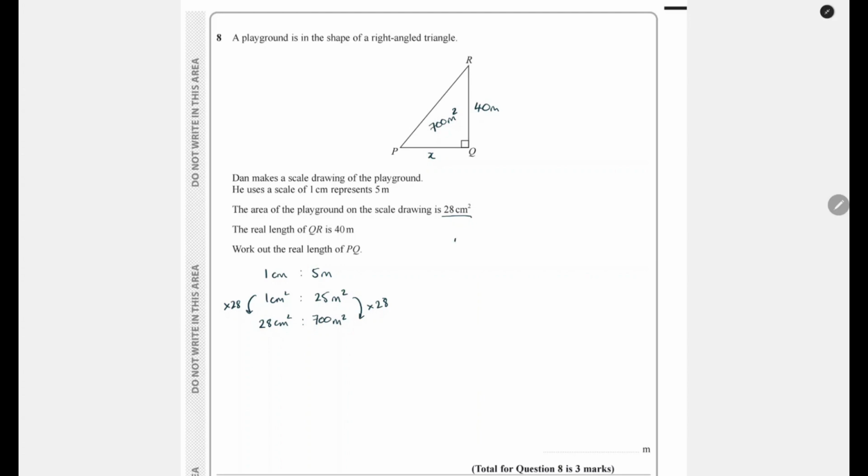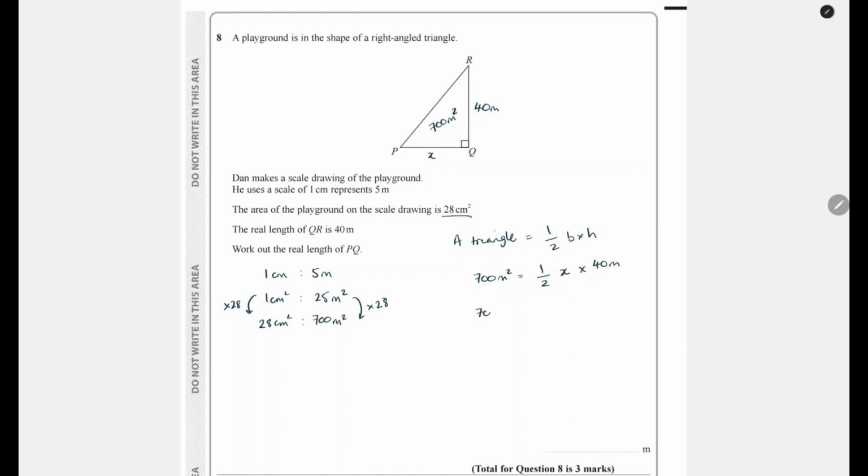Now we know that the area of a right-angled triangle is half base times height. Well, we know that the area is 700 meters squared, half base we'll call x because we don't know that, and our height is 40 meters.